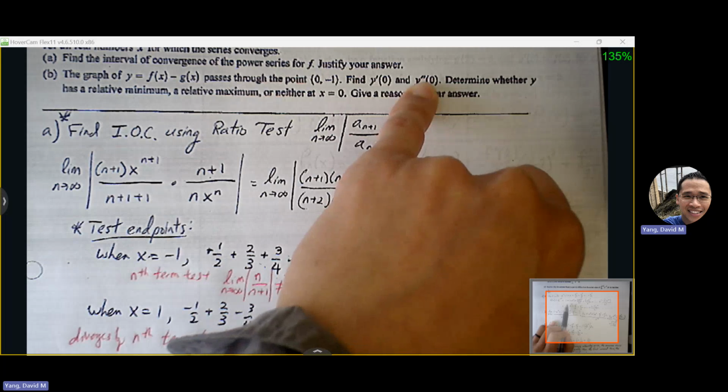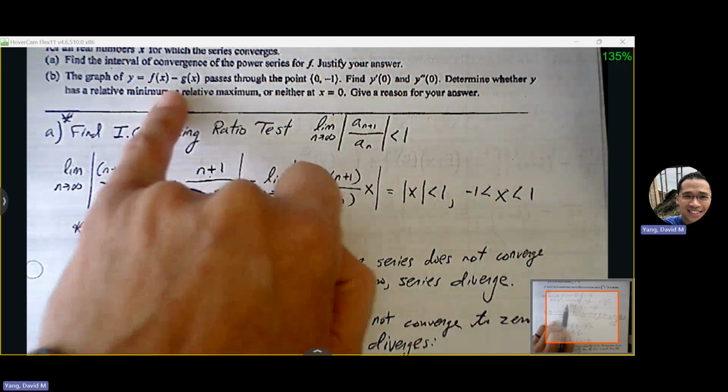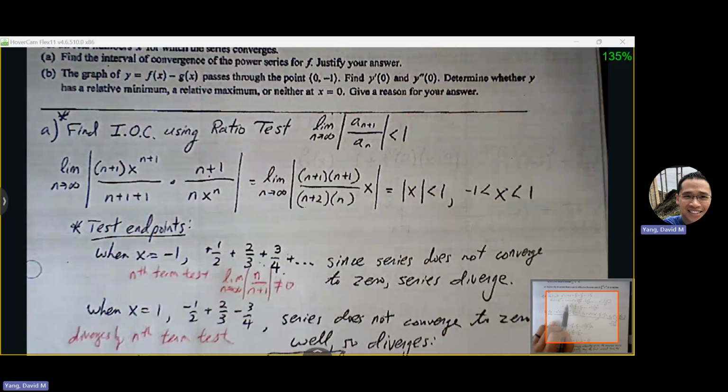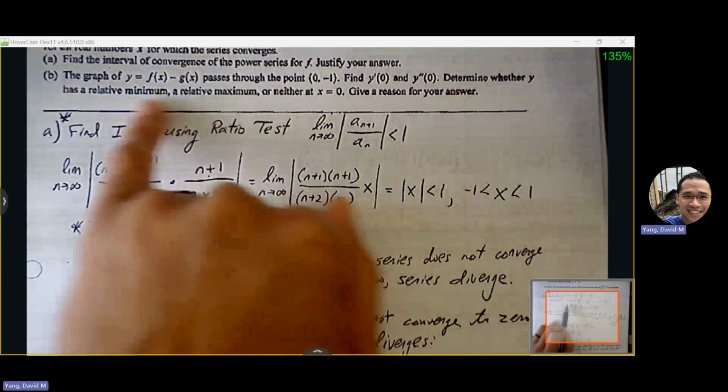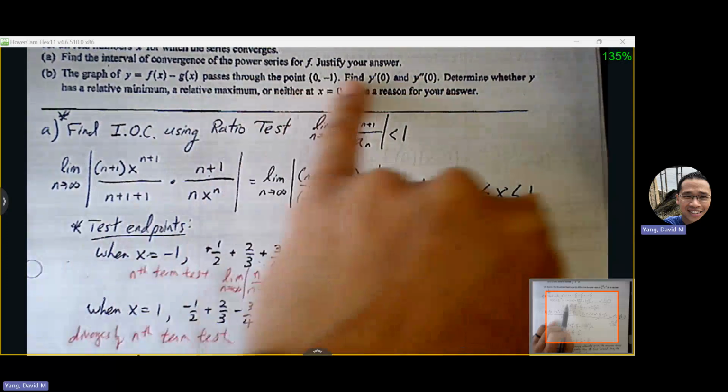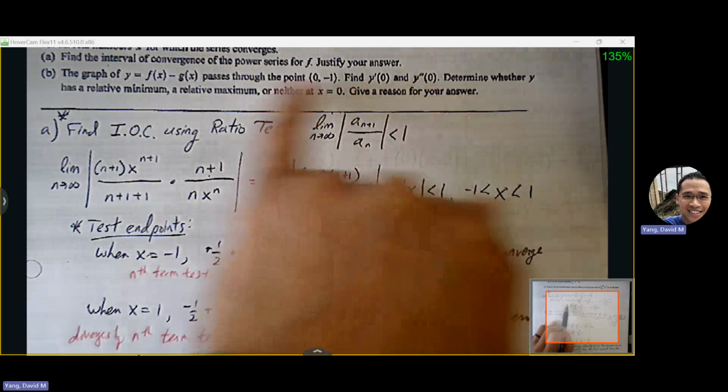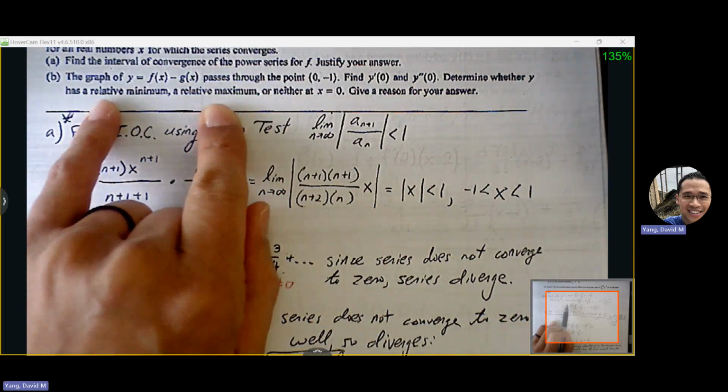And then to find y double prime, you can find f double prime and g double prime, plug in 0 for both and see if you can get a handle on that value. And then see if you can use both these values to determine if there's a relative max or relative min. So this is a little bit of having you go through the second derivative test.